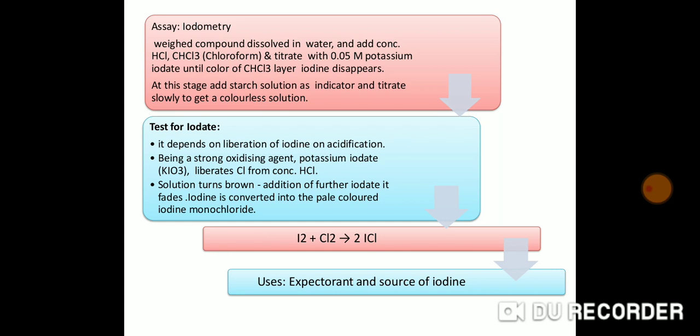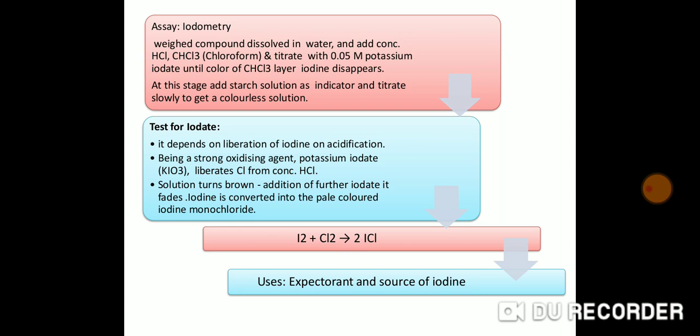Test for iodate. It depends on liberation of iodine on acidification. Being a strong oxidizing agent, potassium iodate, that is KIO3, liberates chlorine from concentrated HCl. The solution turns brown.